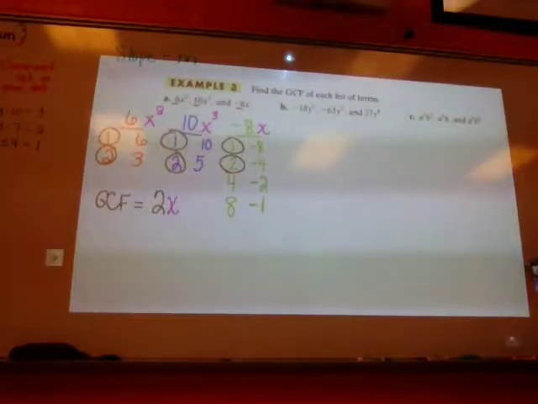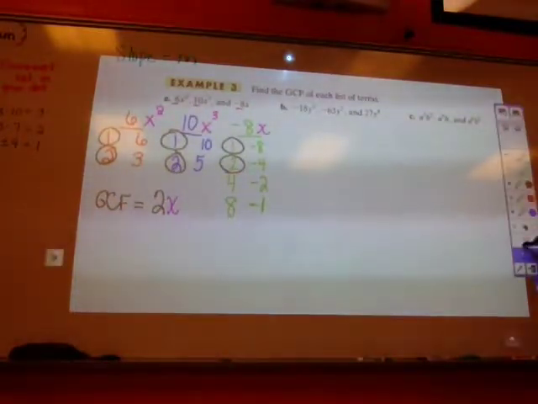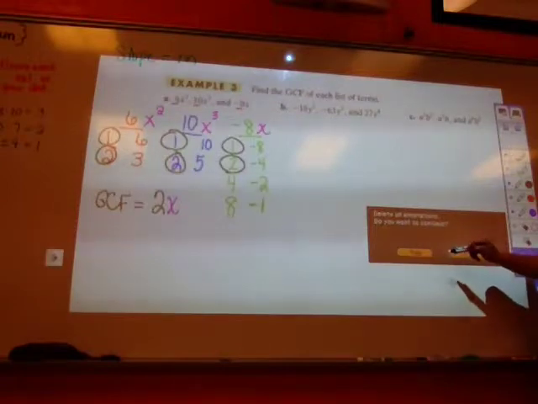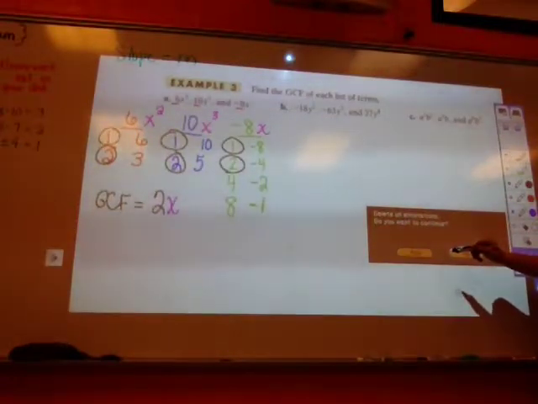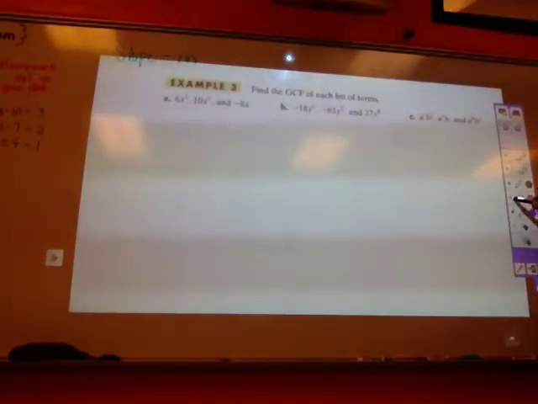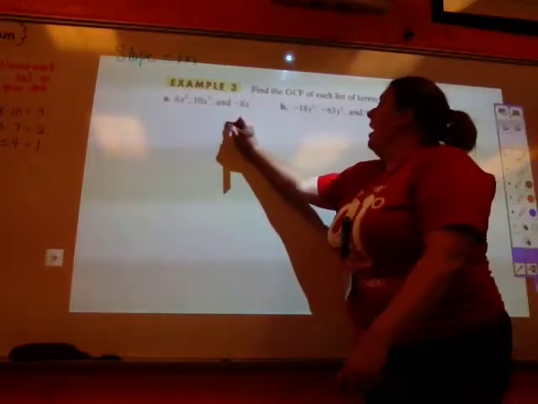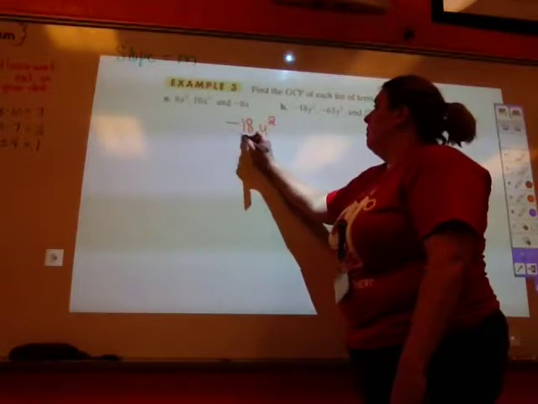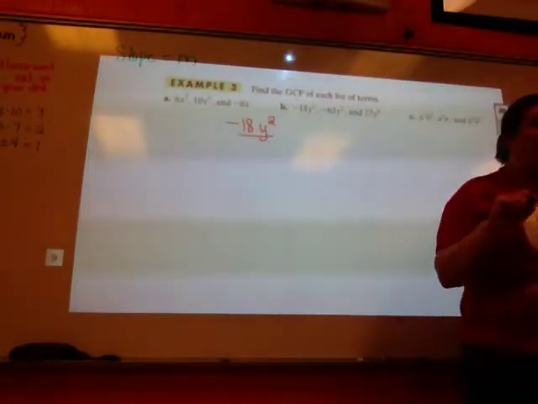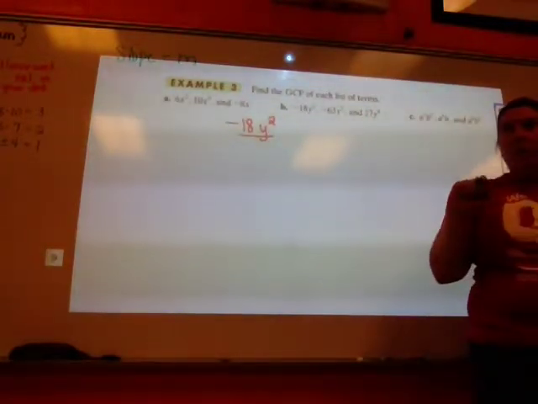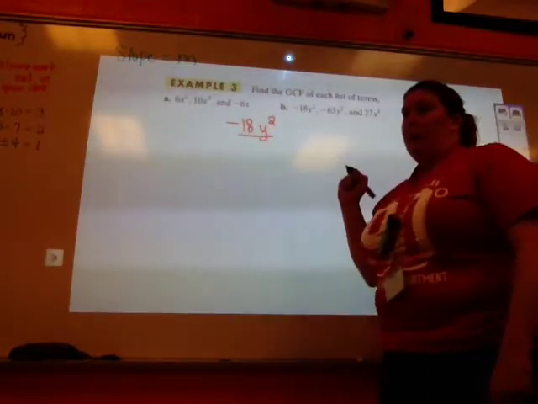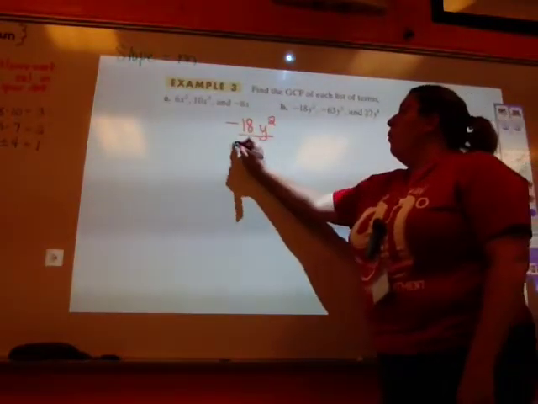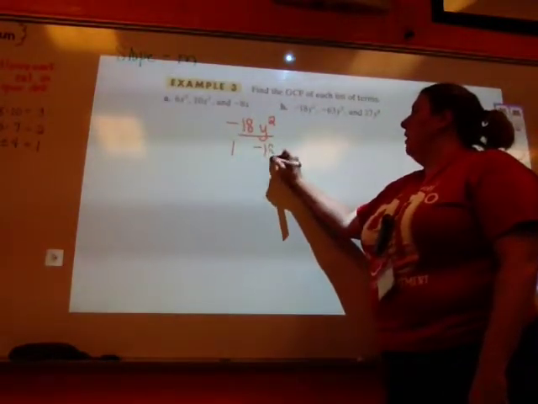All right, let's try the next set. You ready? Can I erase this? Okay. All right, let's look at the next one. You ready? I got a -18y squared. Am I going to worry about my y squared first? No. I'm going to worry about that -18. Everybody agree? So I got 1 and -18.